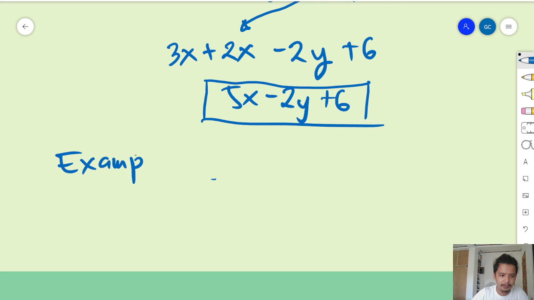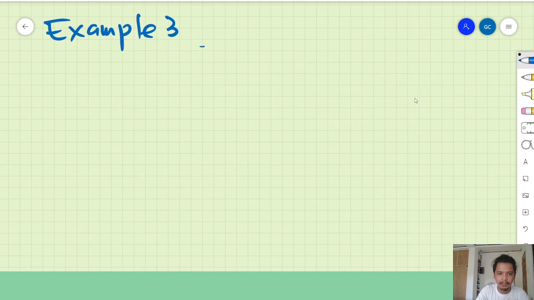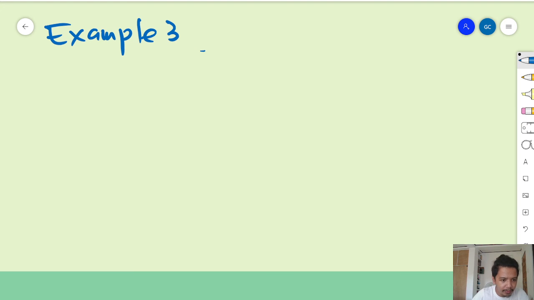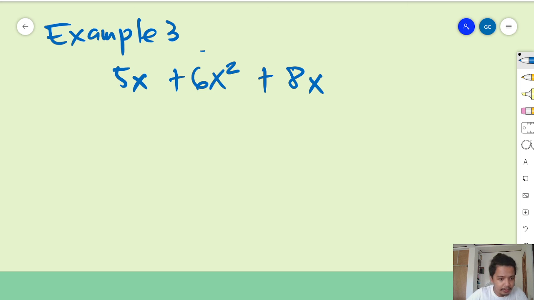For example 3, we have here 5x plus 6x squared plus 8x plus x cubed minus x squared. Okay. Medyo madali ito, ano?